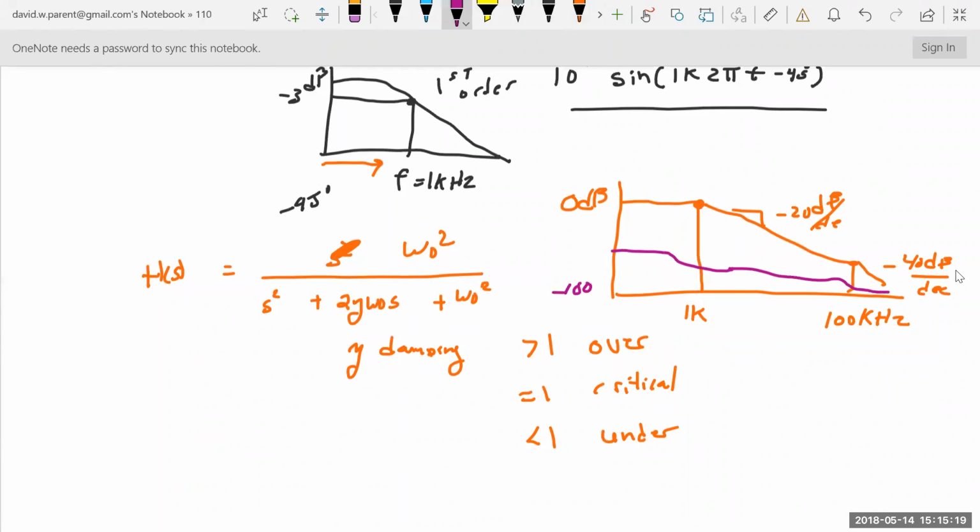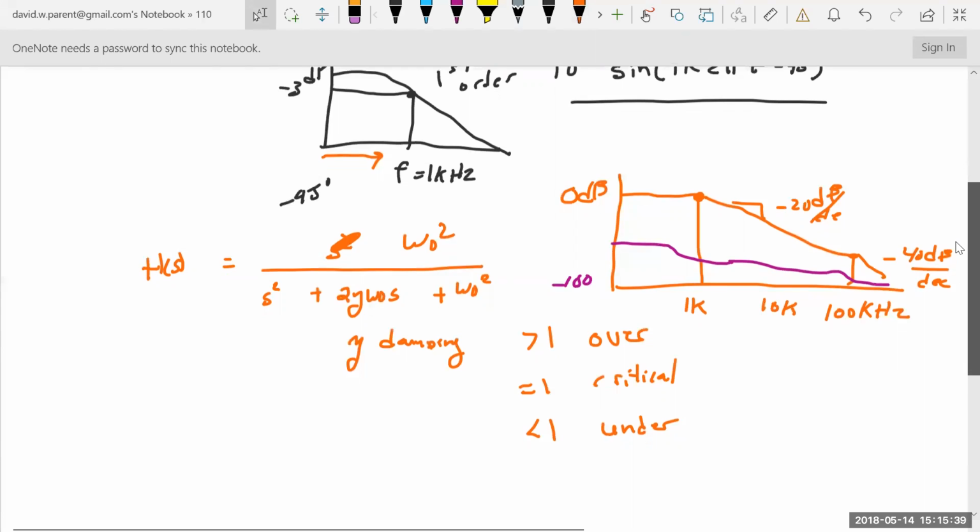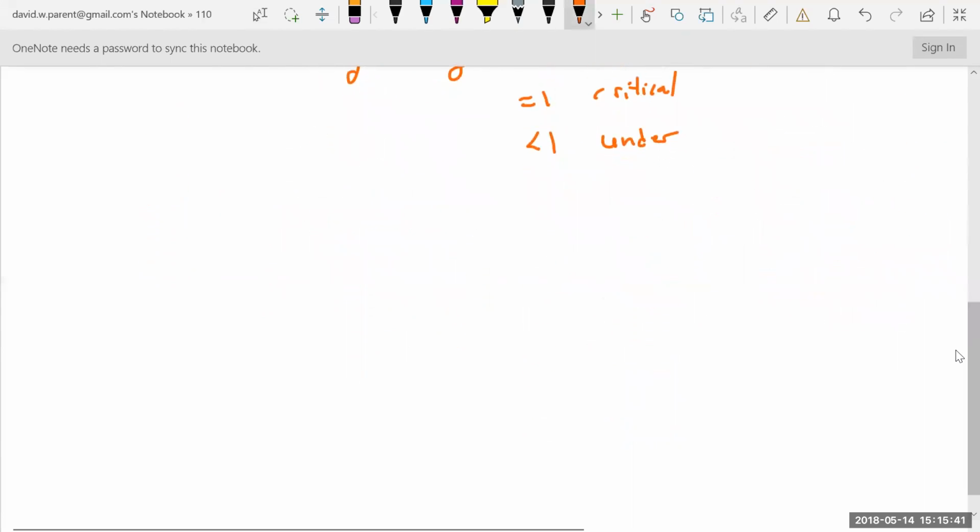Okay. So the thing is, because this is a log of f, it's kind of easy to see every pole. All right. So I have 1K, 10K, 100K, right? Well, let's plot this non-logarithmically. I'm just going to call this 100K, right?